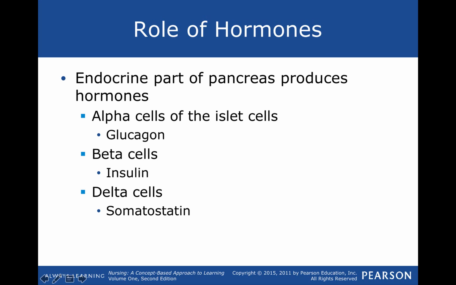Glucagon, from the alpha cells, is what causes our blood sugar to go up. Insulin is what packages our high blood sugar and takes that sugar and stores it in the cells. So those are just a few of the main things to keep in mind there.